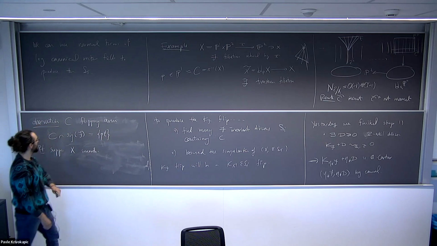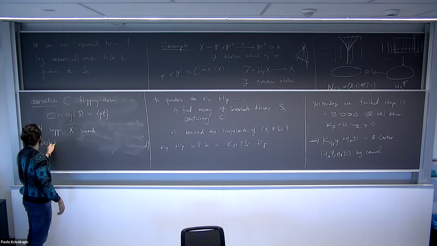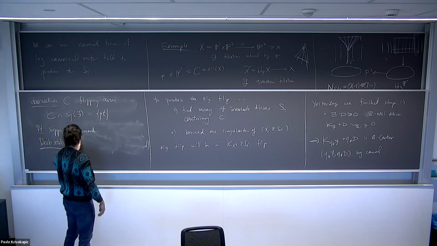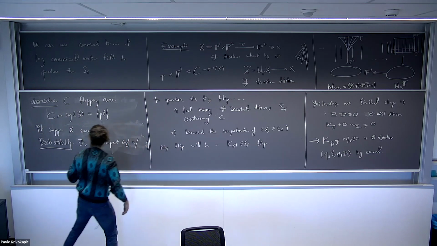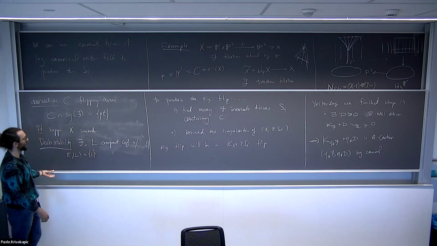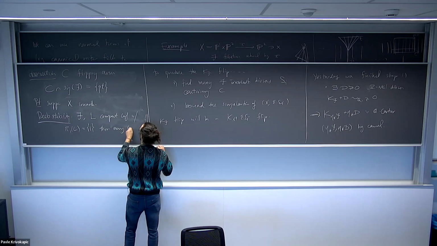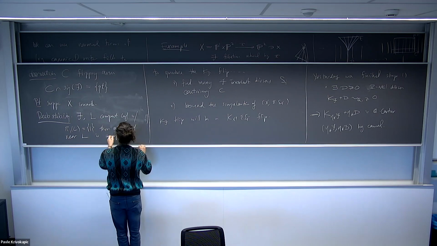Now, Reeb stability says that if you have a foliation and L is a compact leaf with trivial fundamental group, but really finite is enough, then every leaf near L is homeomorphic to L.